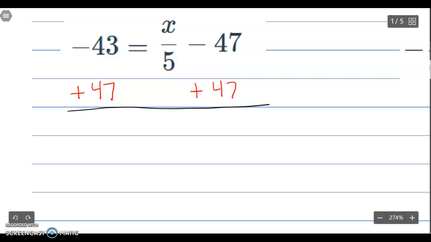All right, so this will give me 0. I'm gonna bring down this x over 5. And then negative 43 plus a positive 47. Different signs, find the difference. You subtract. So 47 minus 43 is 4.